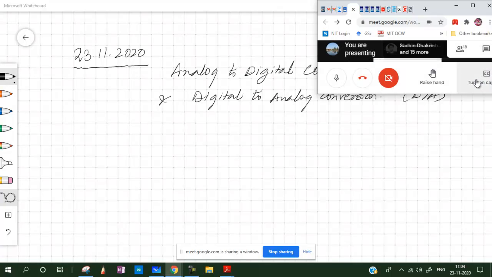So this analog to digital and digital to analog conversion is more of an electronics topic.